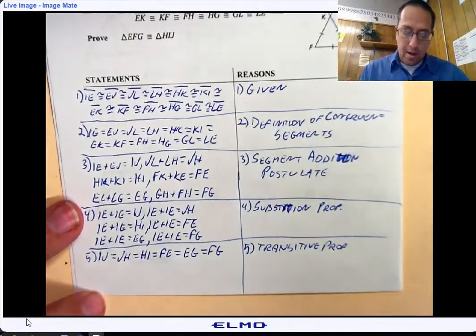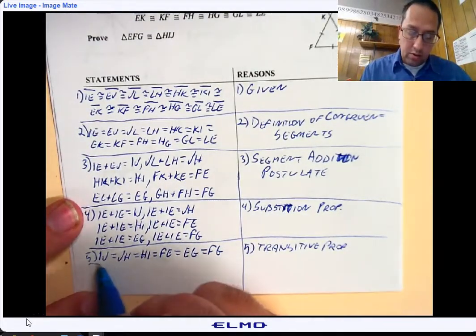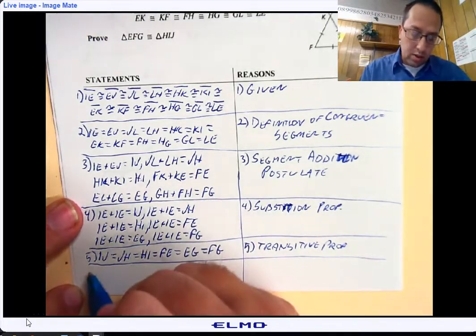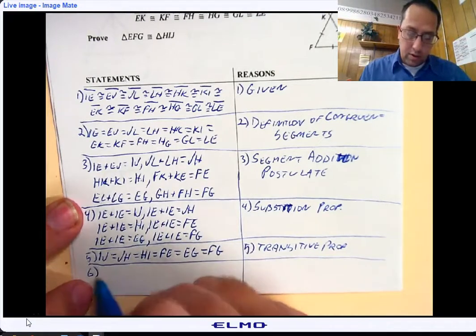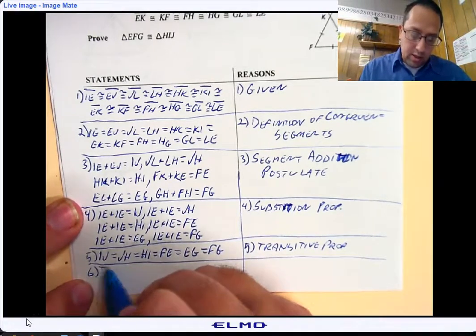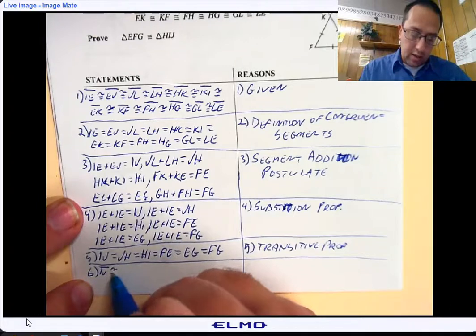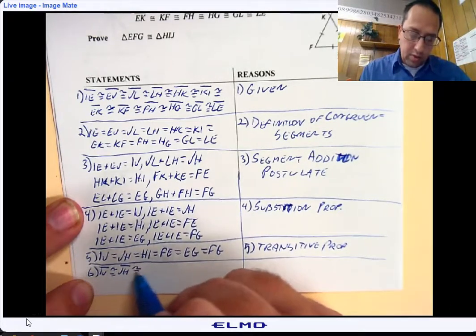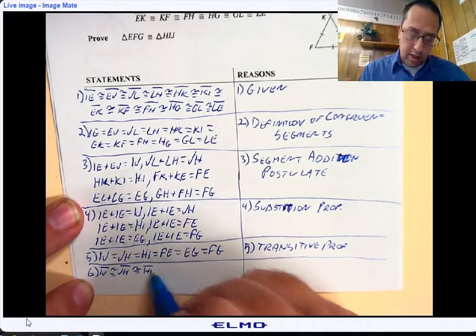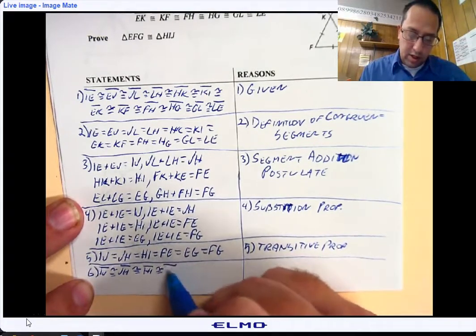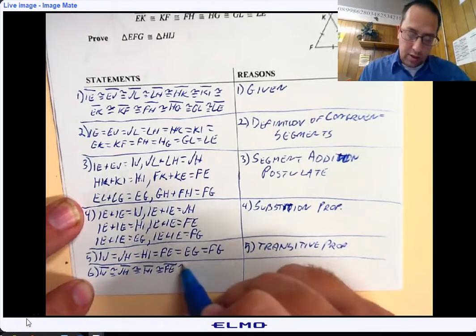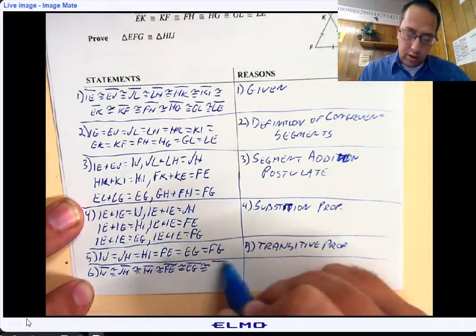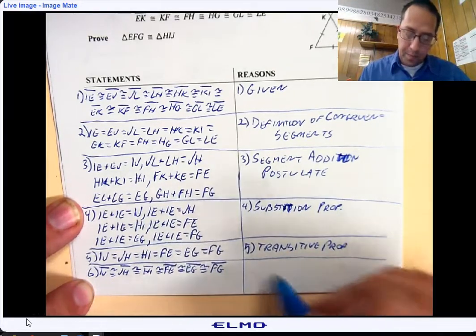Okay. Now, if they all have the same length, that means they're all congruent. And I really have to say that they're congruent. I can't just say that they have the same length. So I am running out of room. This took longer than I expected. So segment IJ is congruent to segment JH, which is congruent to segment HI, which is congruent to segment FE, which is congruent to segment EG, which is congruent to segment FG.